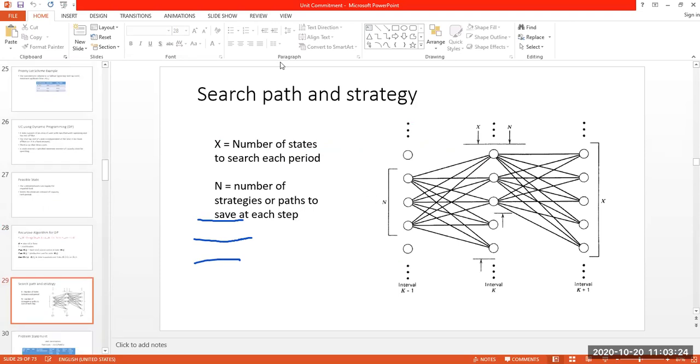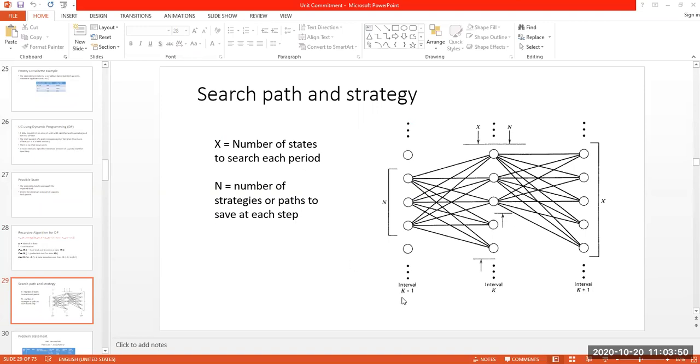Now let us go through some more things about the search path and the strategy. What is the search path? We talk about two things here: one is N, one is X, and another is the interval. So what is N and what is X? X gives you the information about the number of states to search each period. By period, we also mean interval.